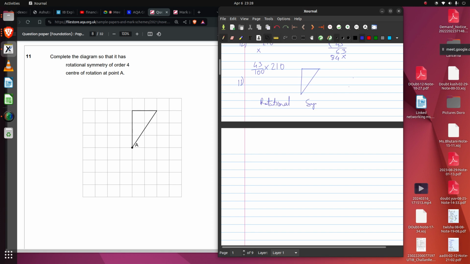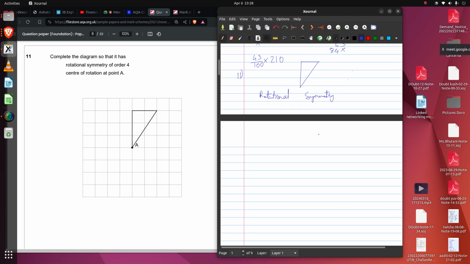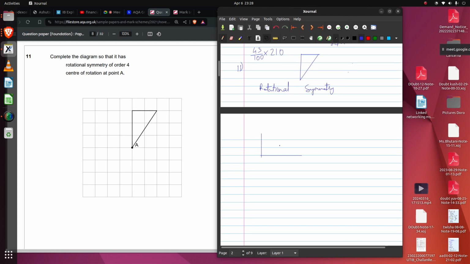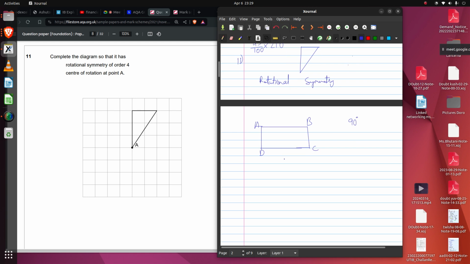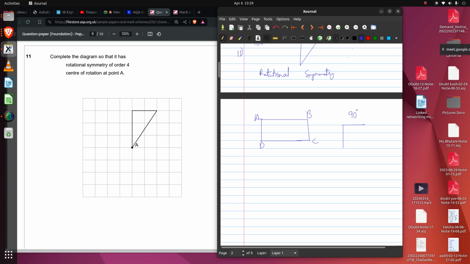You understand rotational symmetry? What it means? So symmetry is, for example, see, this is a rectangle, okay? So first, if I rotate it 90 degrees clockwise, suppose, will it look like this?